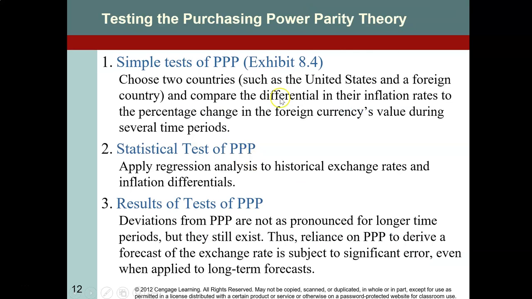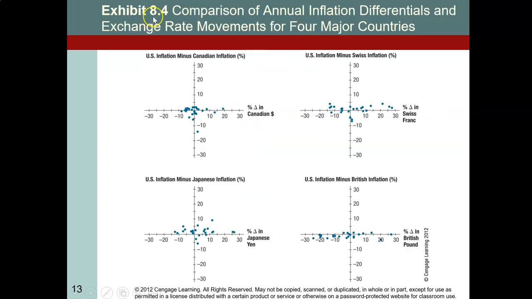Okay, so if we compare the US and a foreign country and compare the difference in their inflation rates to the percentage change in the foreign currency's value, we can see here in this graph, Exhibit 8.4, the comparison of annual inflation differential and exchange rate movements for four major countries. We can see US inflation minus Canadian inflation in the first graph compared to the percentage change in the Canadian dollar.